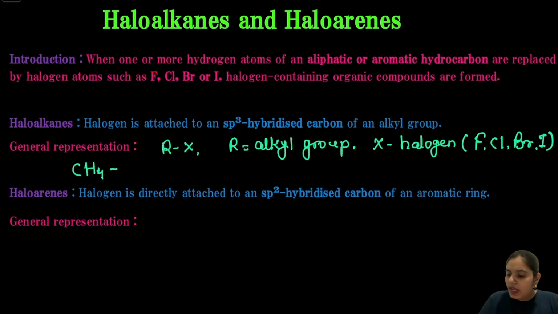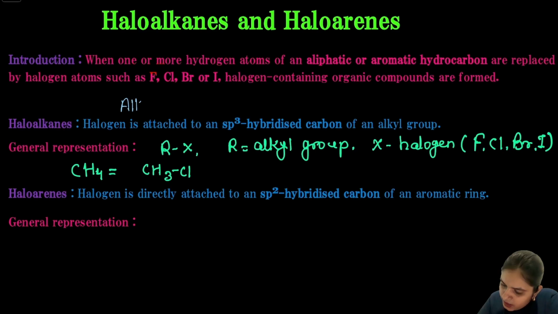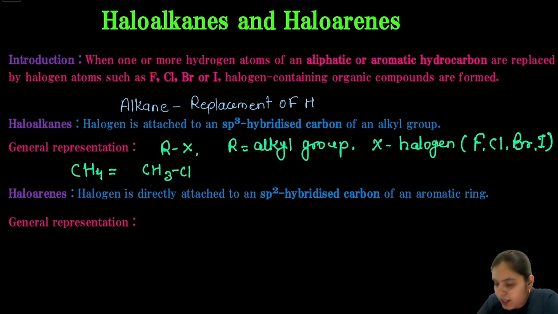So if one hydrogen of methane is replaced by chlorine, then we get CH3Cl, that is chloromethane. Okay, in alkane, replacement of hydrogen by halogen is called haloalkane.